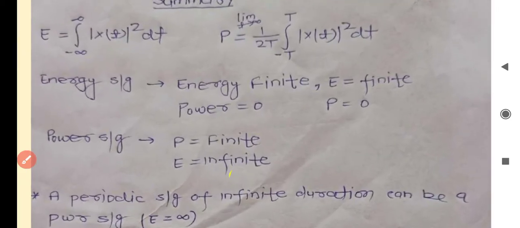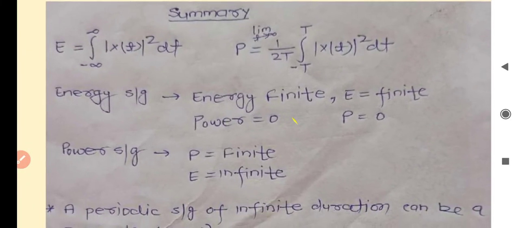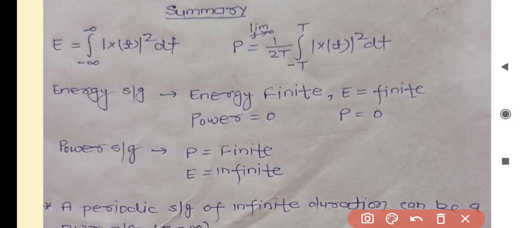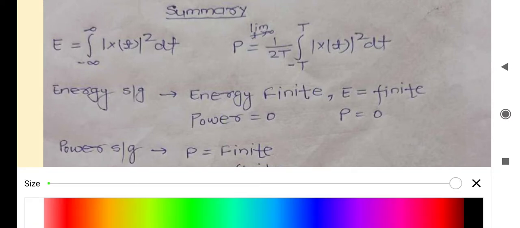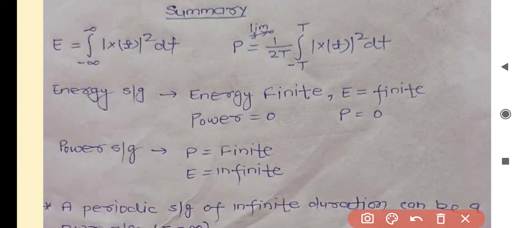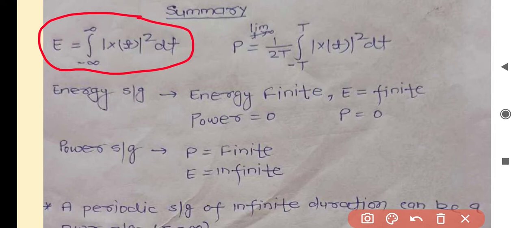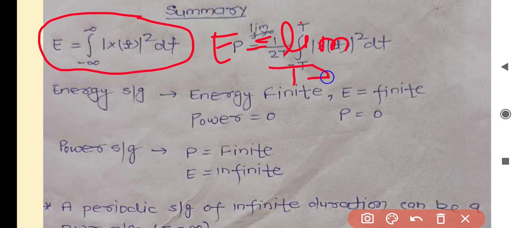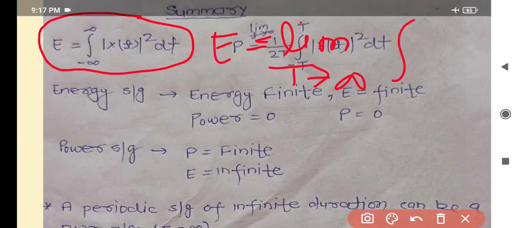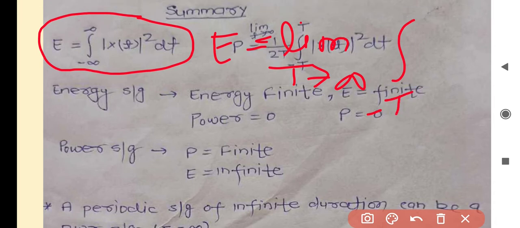So, as a summary, in the last lecture we have seen the formula to calculate the power of a signal and to calculate the energy of a signal. To calculate energy, we write the formula as E is equal to limit T tends to infinity, integration from minus T to T, mod of x(t) square dt.